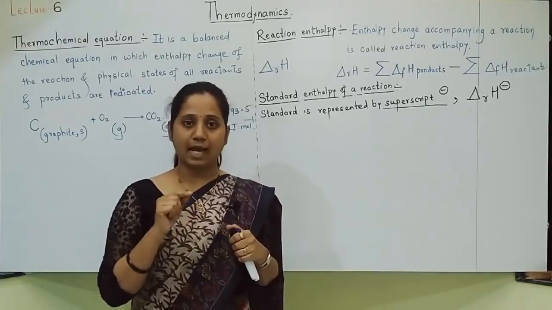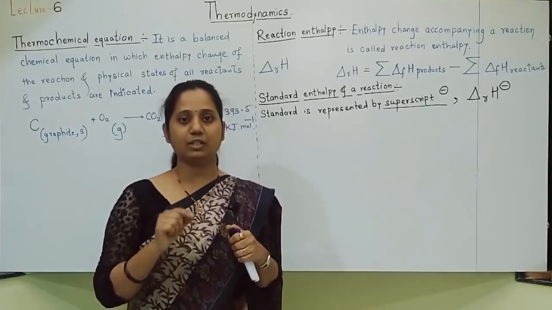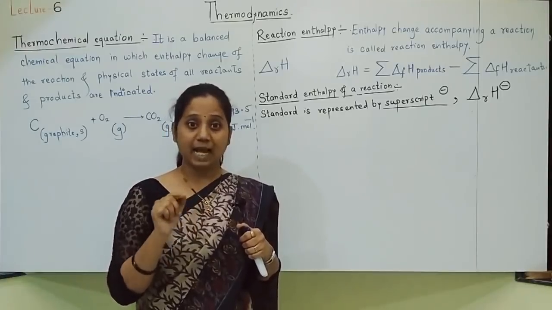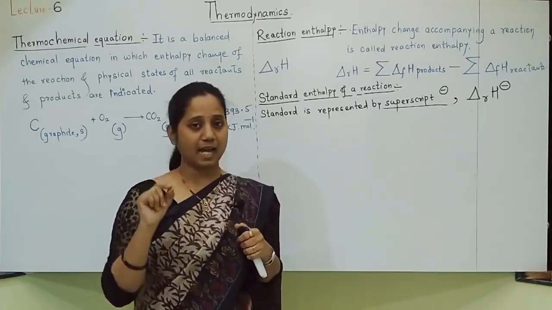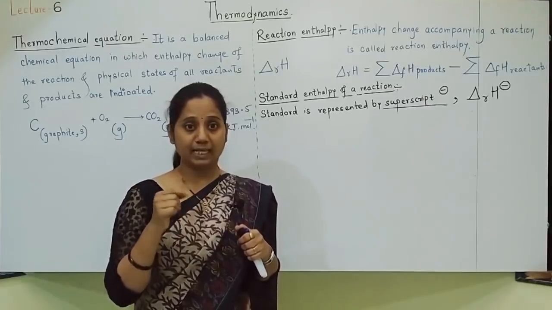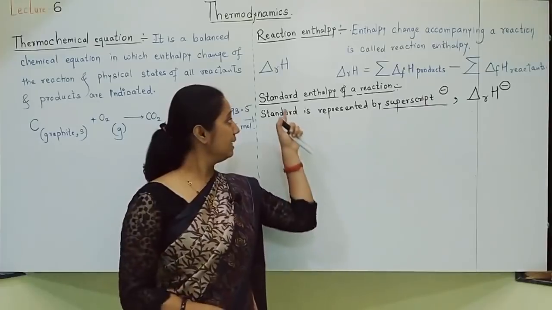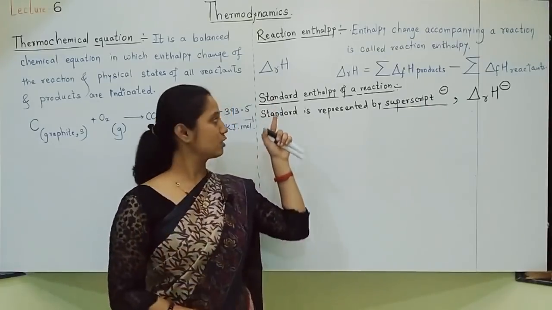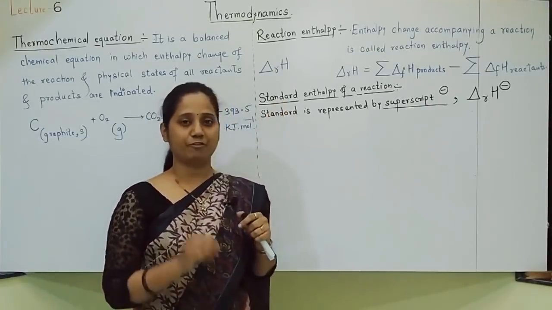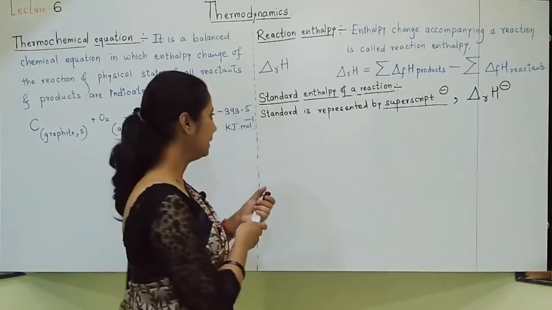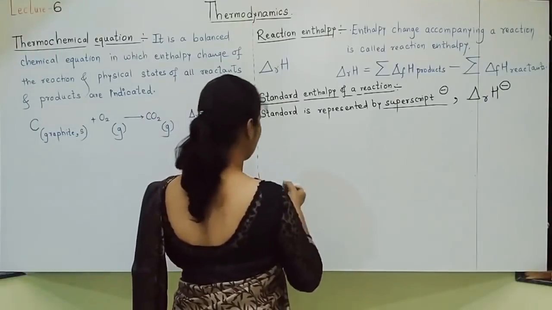All the reactants and products taking part in the reaction are called participating substances. Those reactants and products should be in their standard form. Then the enthalpy change is called the standard enthalpy of a reaction. So how can we write the definition? See here, I will write the definition for standard enthalpy of a reaction.